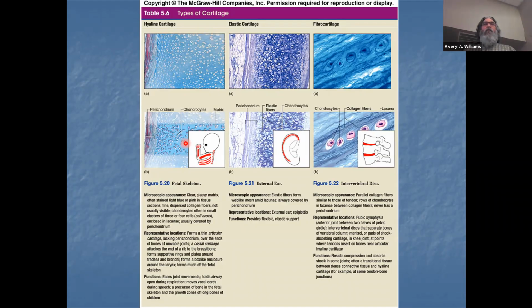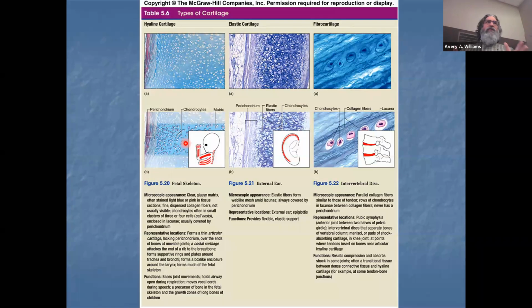So where else? I'm trying to think of some other places that you would find hyaline cartilage. It's by far the most abundant cartilage in your body. And like I said, it's the primitive form in the sense that it's kind of what you start with, the ancestral type, and then it's been modified or specialized in certain areas.